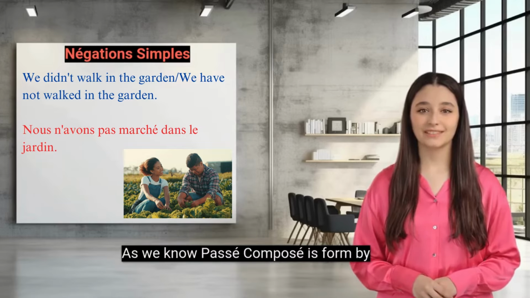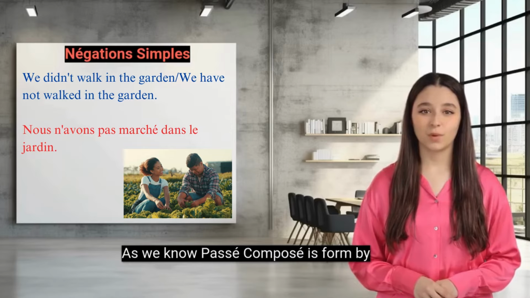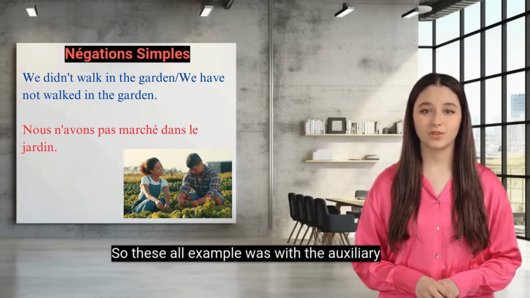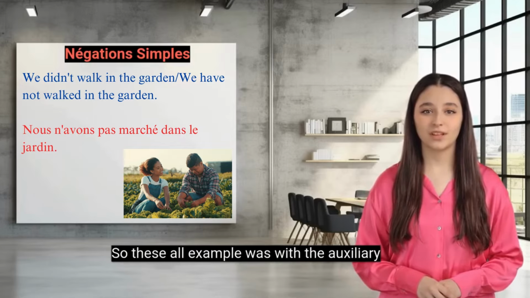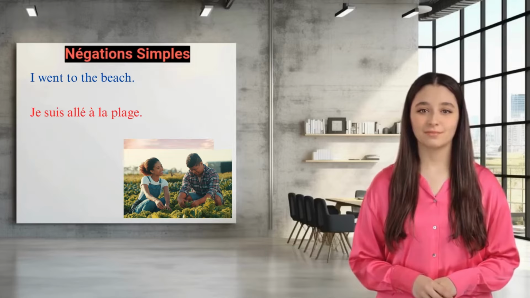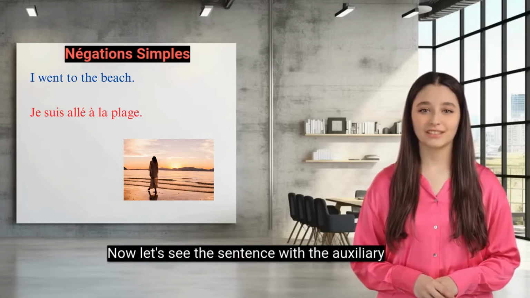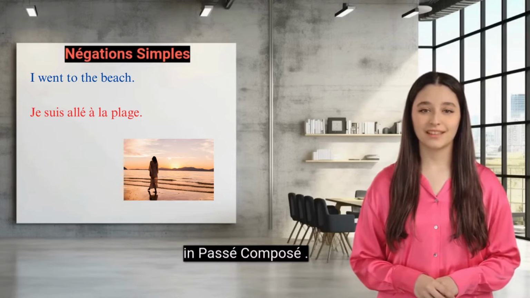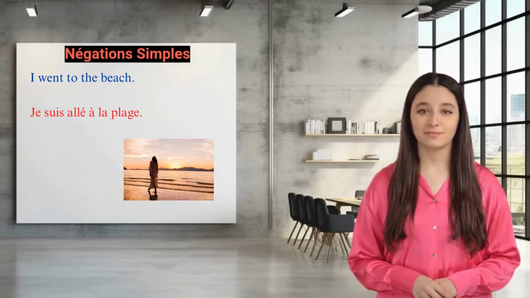As we know, passé composé is formed with two auxiliary verbs. So these examples were with the auxiliary verb avoir. Now let's see the sentence with the auxiliary verb être in passé composé.